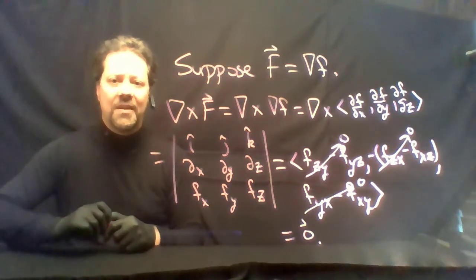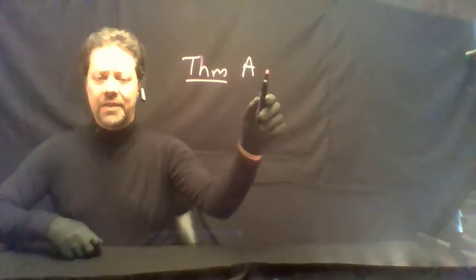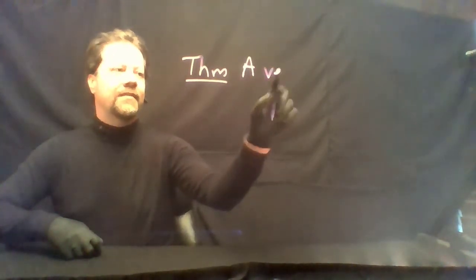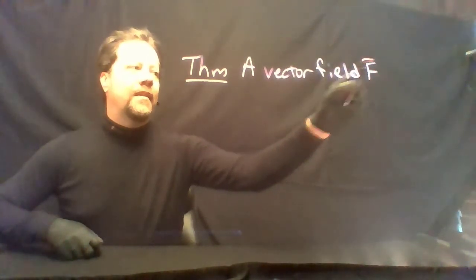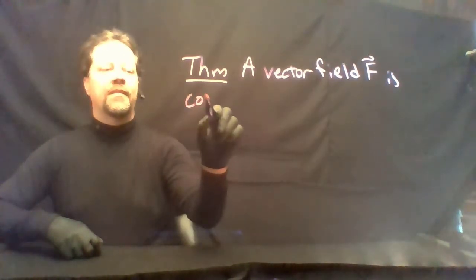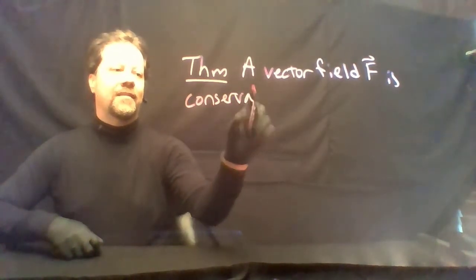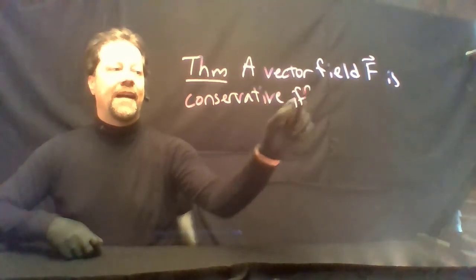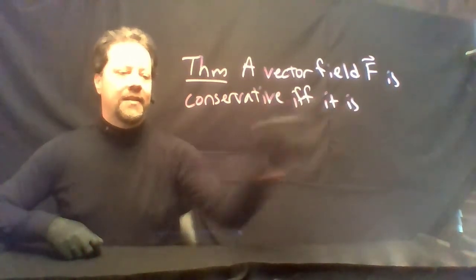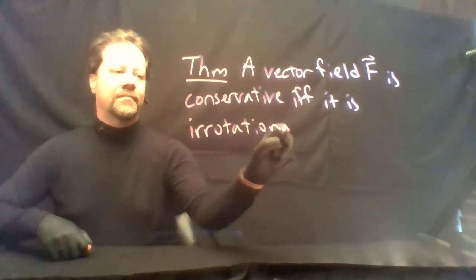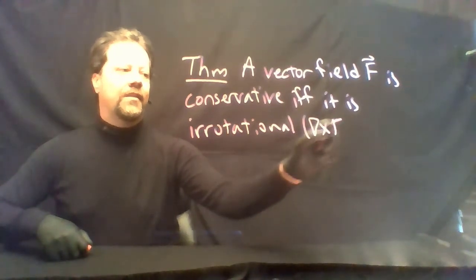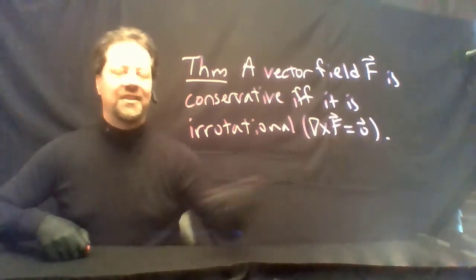It's even more interesting than that. The theorem is: a sufficiently smooth, let's say C1, vector field F is conservative if and only if it is irrotational, meaning the curl of F is the zero vector.